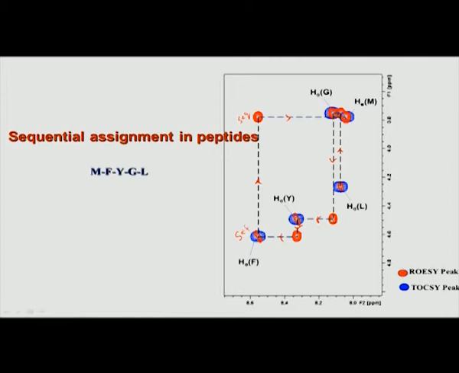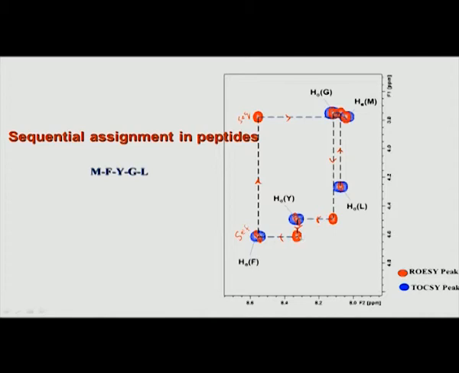Now, I will walk along the same line, along the same H alpha, and where I see a blue peak, that will become the self of tyrosine. Remember, TOCSY is self. On that particular peak I go to ROESY, and then I walk along this line again here, and I see another peak which is not in TOCSY but only in ROESY.